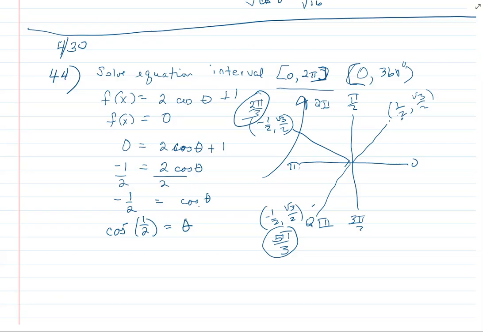Remember, the original is 2 cosine theta plus 1. So we need cosine to make it negative. Cosine is any one of the two, you're going to have negative 1/2, times 2 is a negative 1, and we have 0. You can do that on the home screen. Isn't that the inverse cosine of negative 1/2? Yes.